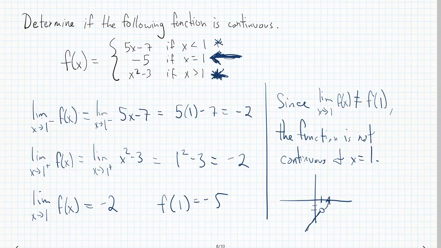So you get a hole in the graph, and then at 1 you get negative 5. So let's say negative 3, negative 4, negative 5. So we'll say negative 5 right here. Okay, it's going to look something in the ballpark of that vicinity. Questions on that one? Okay, so just showing you how you can get a hole in the graph.